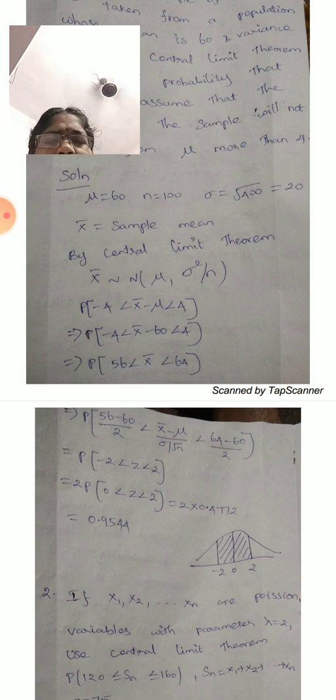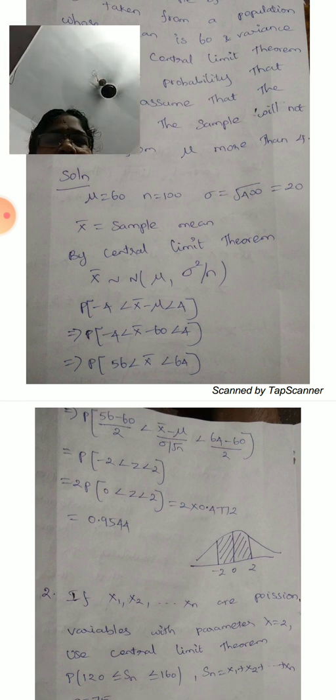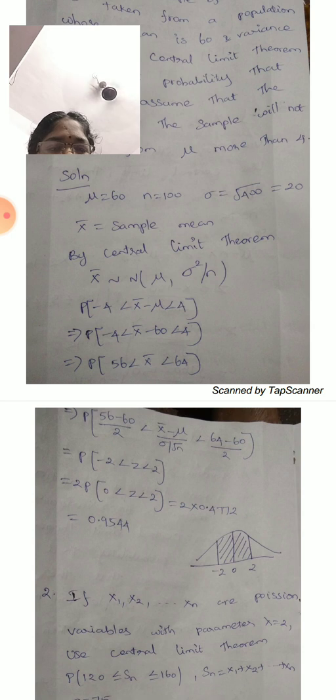Already we know that the probability of minus a less than z less than a can be written as 2 into the probability of 0 less than z less than a. We apply this formula, so it equals 2 into the probability of 0 less than z less than 2.